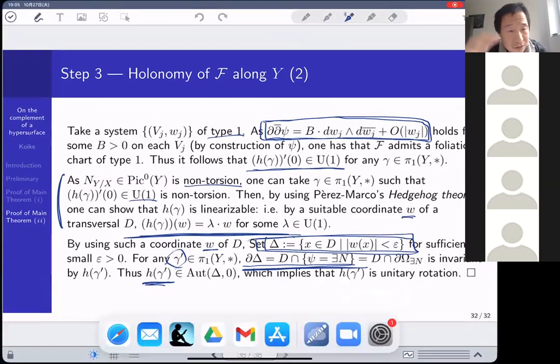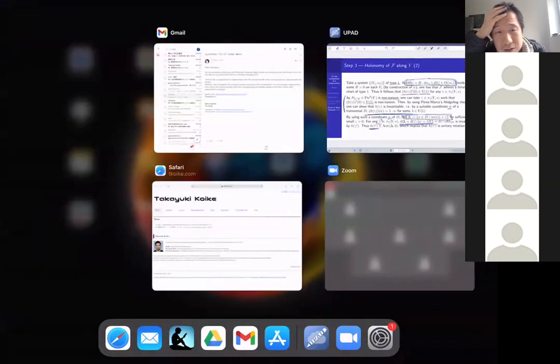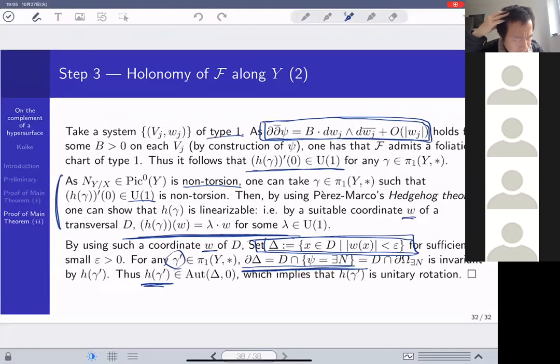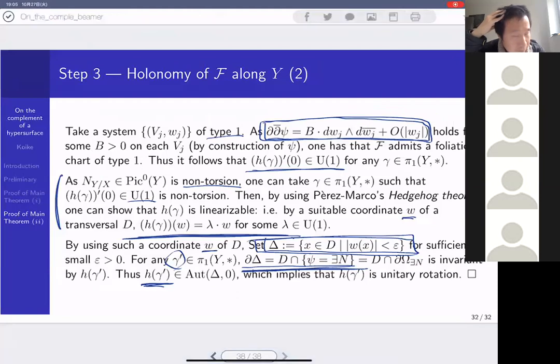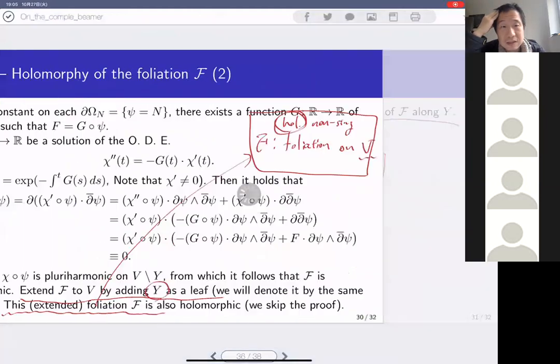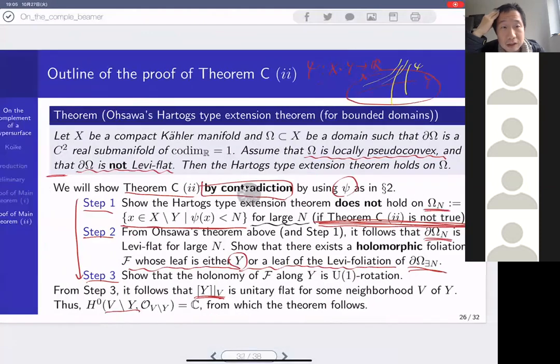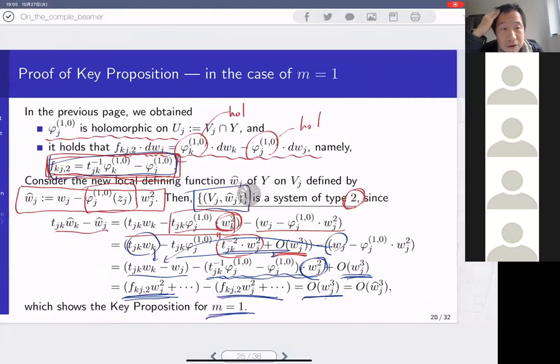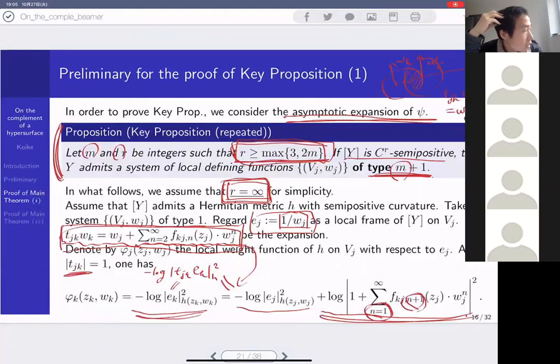As for me, I have one question. For your key proposition, it seems that it's already very close to the conjecture.